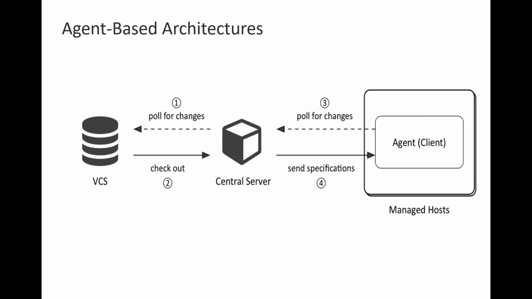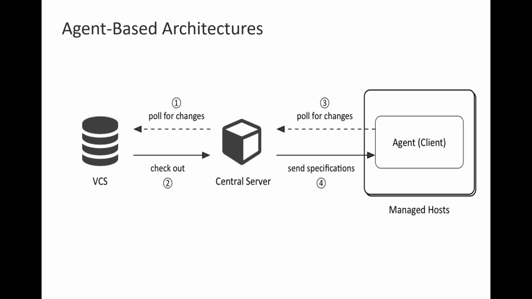So in this agent-based architecture, on the central machine we are running some process, and on each and every agent as well. Suppose you have 20 systems, then on all 20 systems some processes are running, communicating with the central server to pull the changes and run them on the local system.